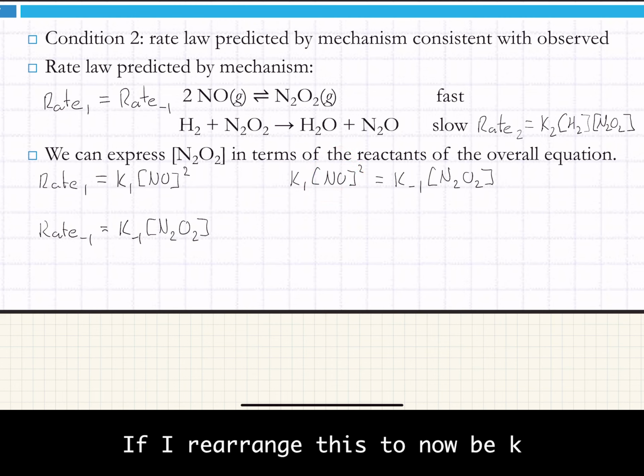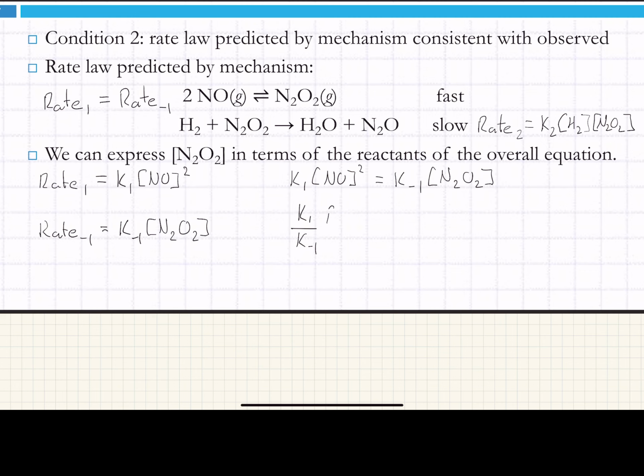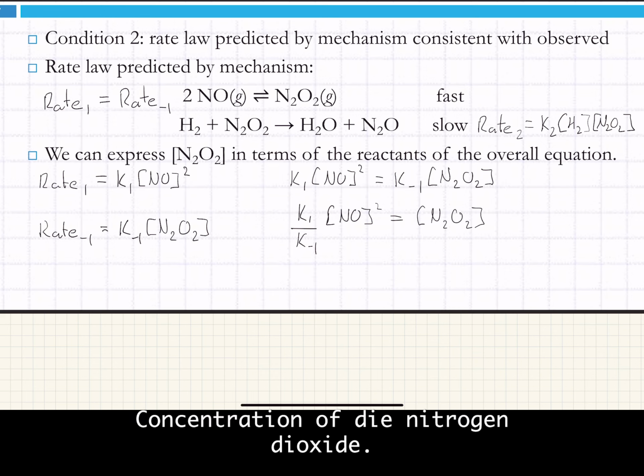If I rearrange this to now be k1 over k negative 1 times NO squared, now that is equal to the concentration of dinitrogen dioxide.